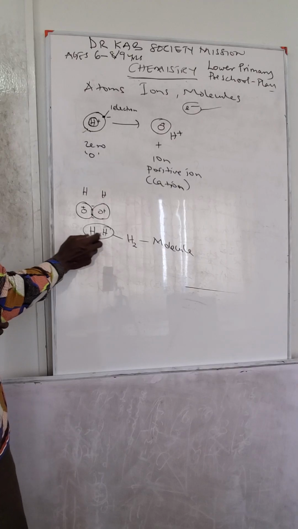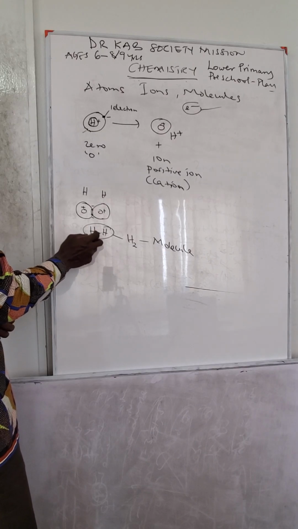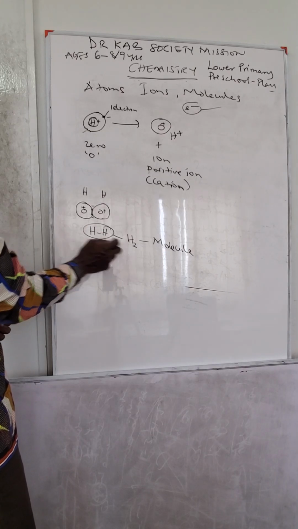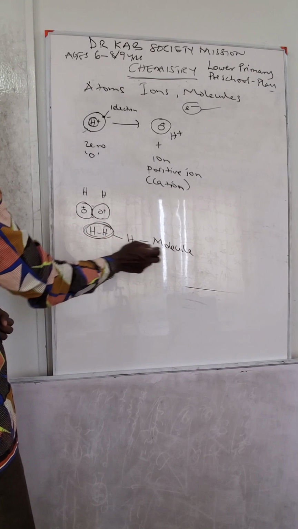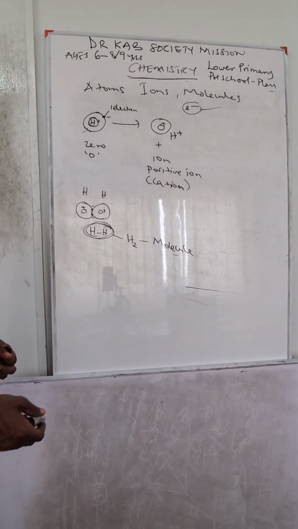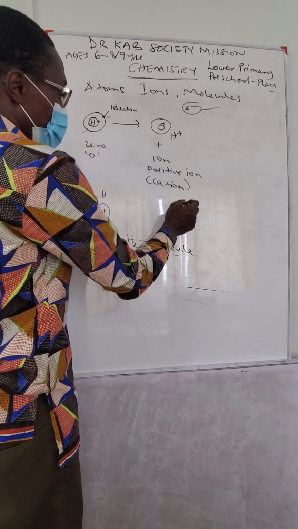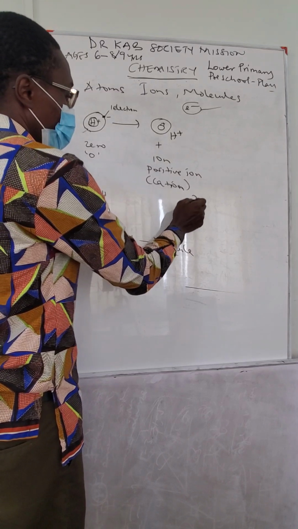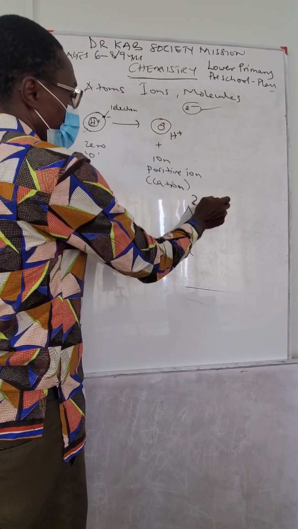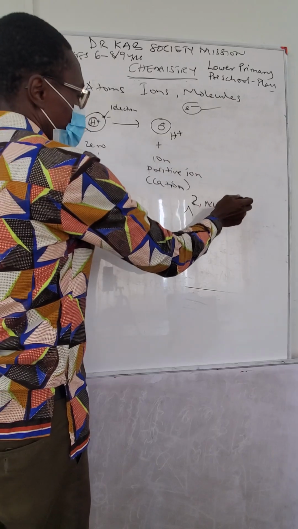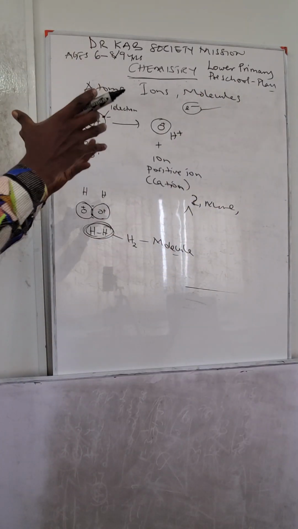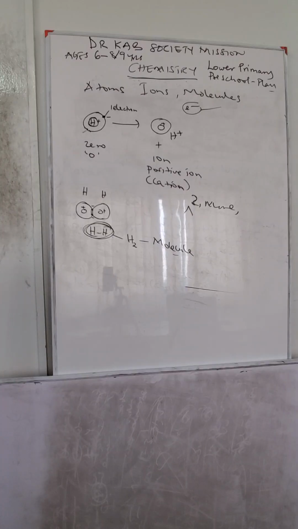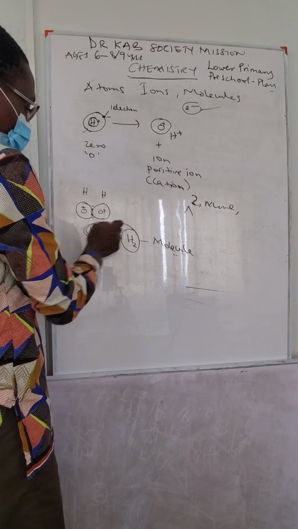Two atoms together. So when you have 2 atoms coming together, you say it's a molecule. Any 2 or more atoms coming together, or sometimes even one component alone, is a molecule.